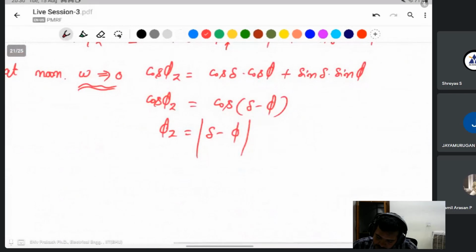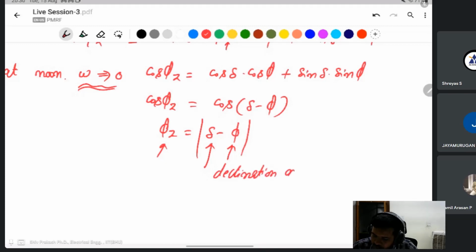It means the declination angle will be 0. If the declination angle is 0, the zenith angle is equal to the latitude angle.